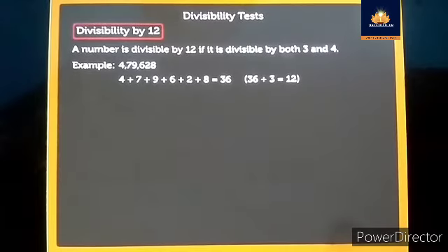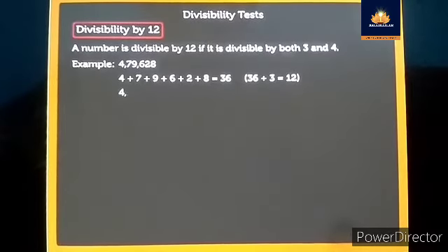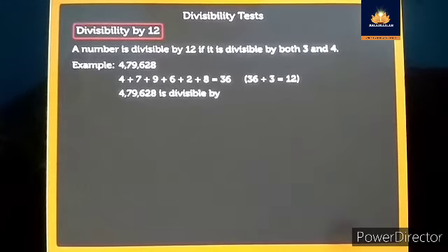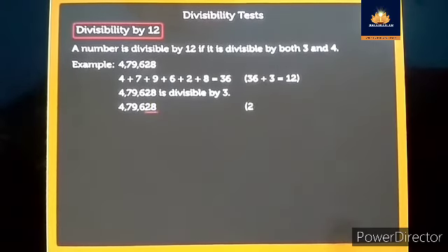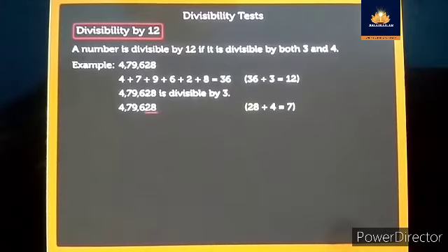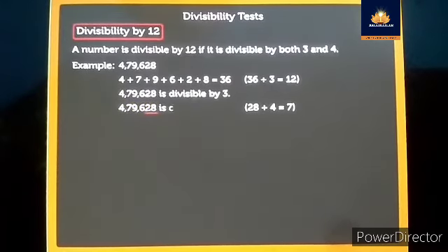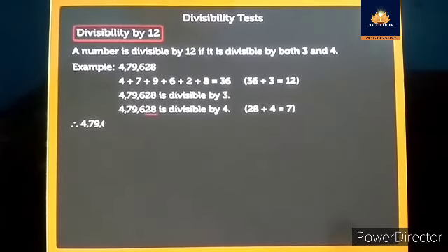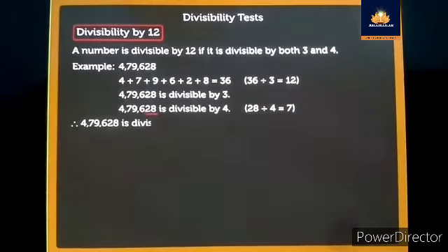Thus, we say 4,79,628 is divisible by 3. And the last two digits form the number 28, which is divisible by 4. Thus, we say 4,79,628 is divisible by 4 also. Therefore, 4,79,628 is divisible by 12.